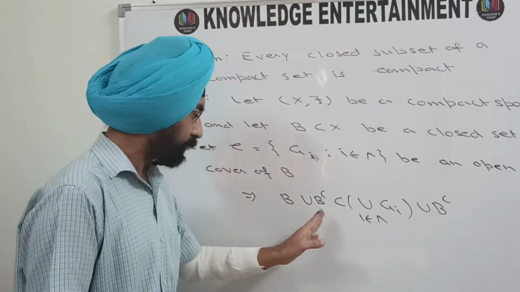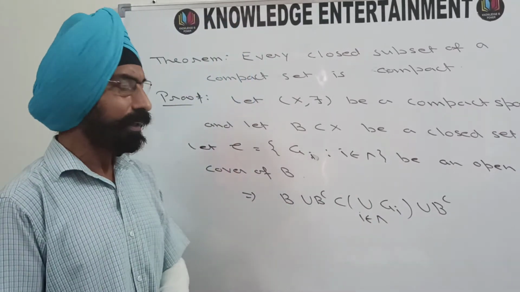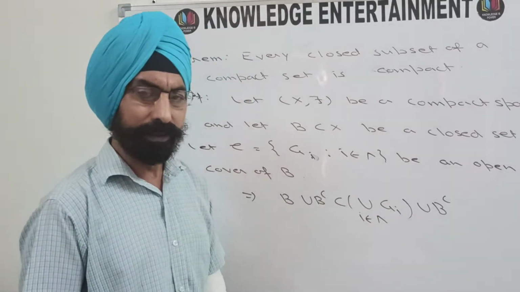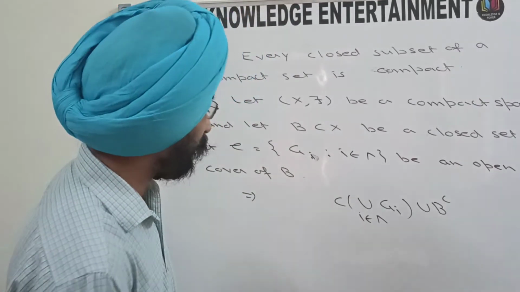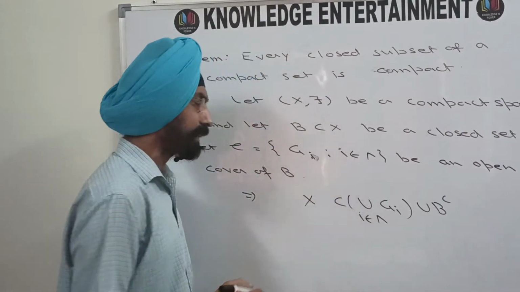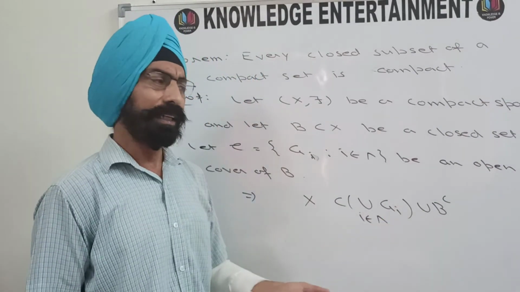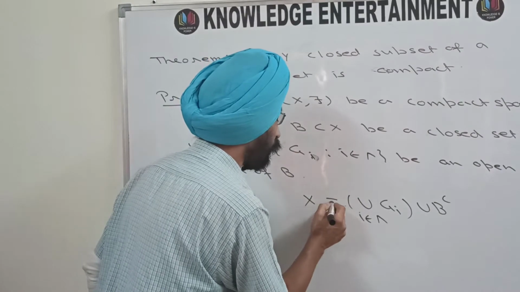I have taken the union on both sides with B complement. And what is B union B complement? It is nothing but the whole space X. X is a subset of this, which definitely means X is equal to this because X is the whole space.